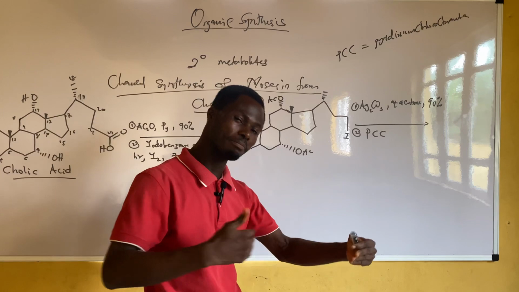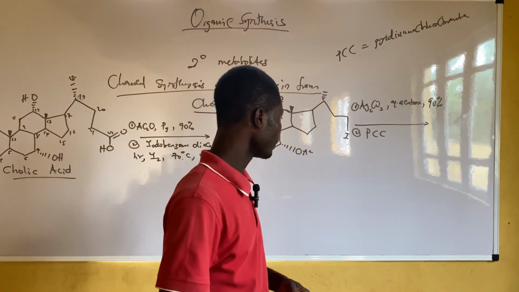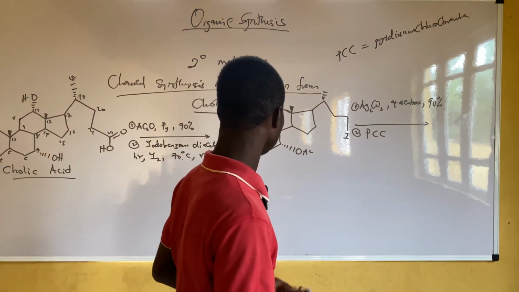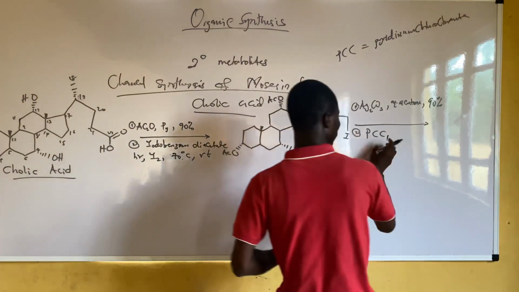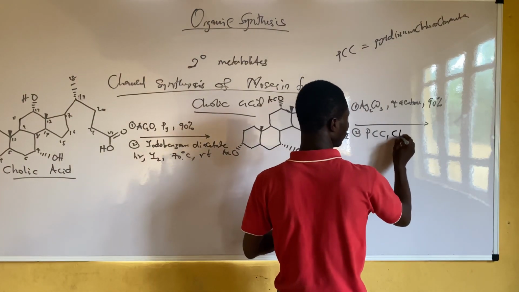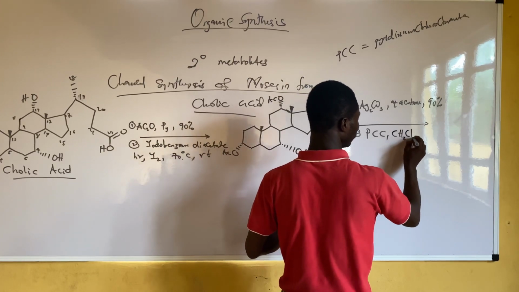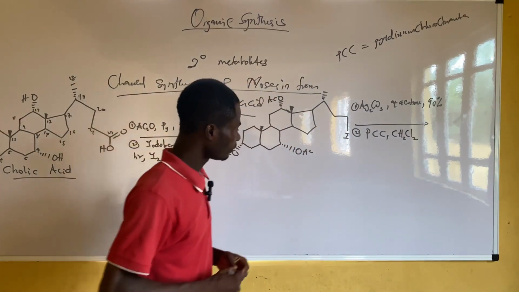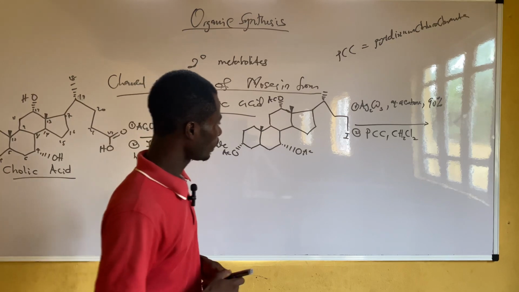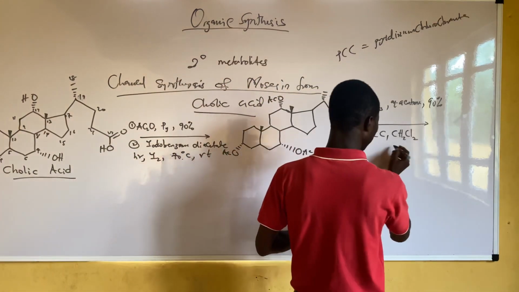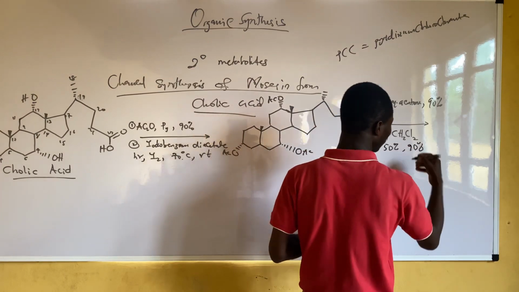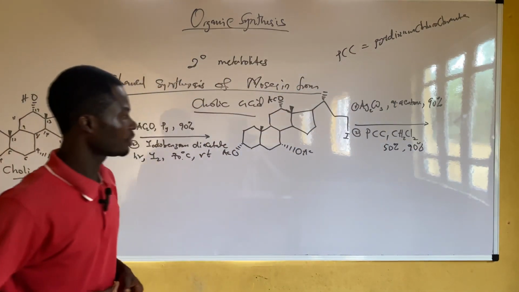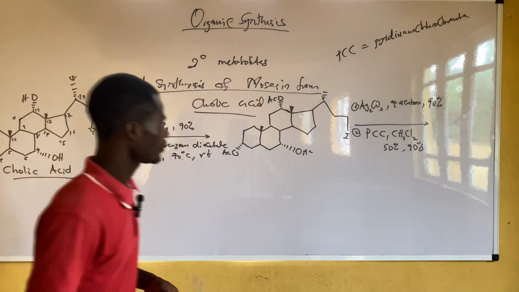It's a mild oxidizing agent, so that we are careful not to oxidize beyond necessary. So in the presence of PCC, making use of dichloromethane, and then treating it with 50% and 90% of that solvent combination respectively.